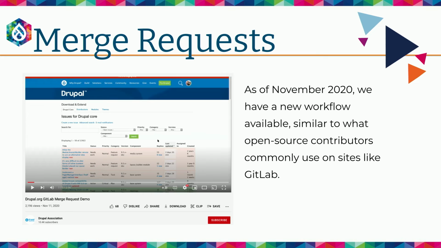We try not to use them. So if you see a patch, you can maybe make a merge request out of that patch. But from 2020 onwards, we are using merge requests, which is a lot easier for multiple people to work together on the code, and it will help with the tools that we see later on.